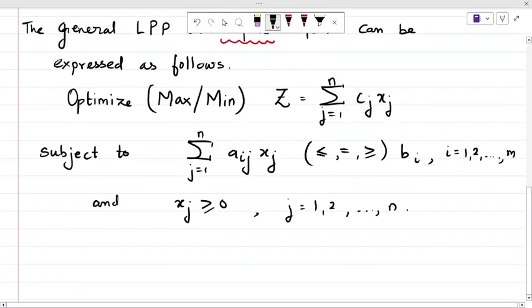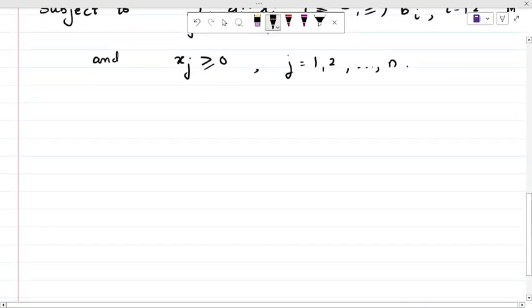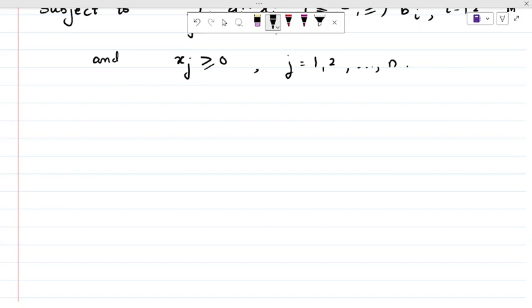The same LPP can again be represented in matrix notation as follows.